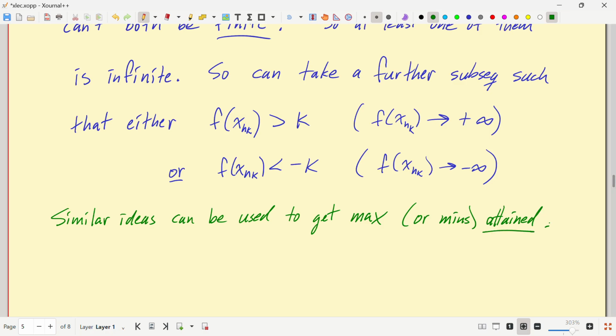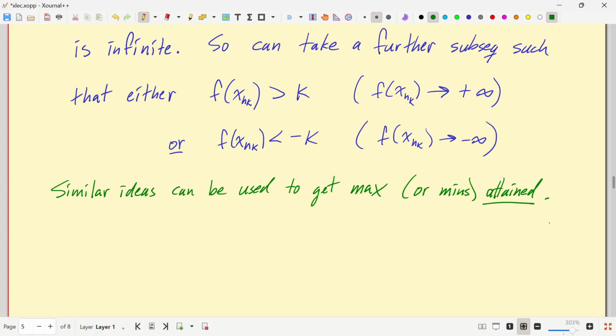Now that we know that the continuous function is bounded, it would have a supremum and an infimum value, and I'd have to just show that that value is attained. It's not going to be hard at all. It's going to be another application of the Bolzano-Weierstrass theorem. I'm going to take sequences that get closer and closer to the maximum value, and then take a subsequence that converges and show that the limit of that subsequence is where the thing is actually attained by continuity. So it won't be terribly hard at all.